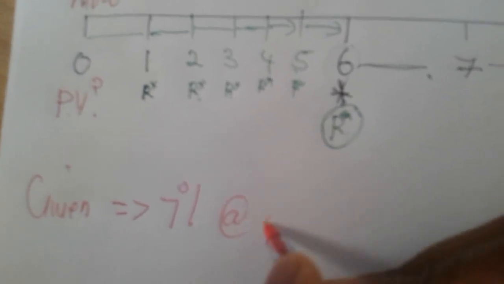Now let's do that. But we are not going to use the formula. We are actually going to use the calculator. So what are we given? We are given 7% compounded monthly.